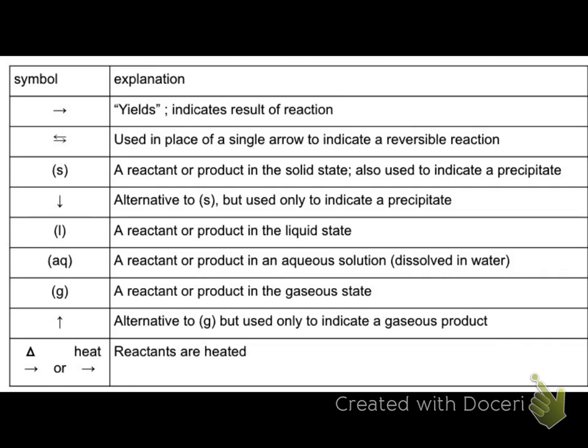Sometimes you will notice that there are two arrows, one going each direction. Sometimes the arrows will only have half of a point on them, or sometimes it might be a double-headed arrow. All of those symbols mean the same thing. They mean that the reaction is reversible.